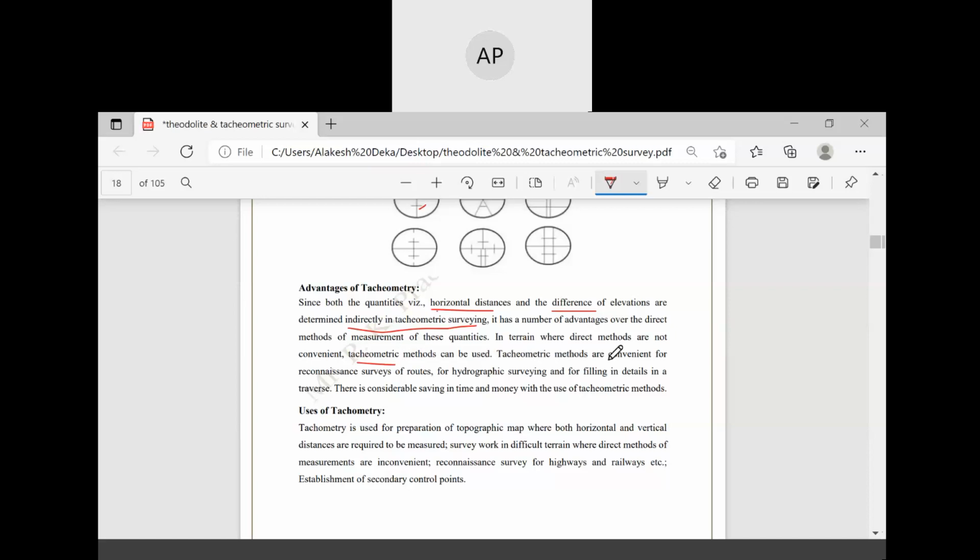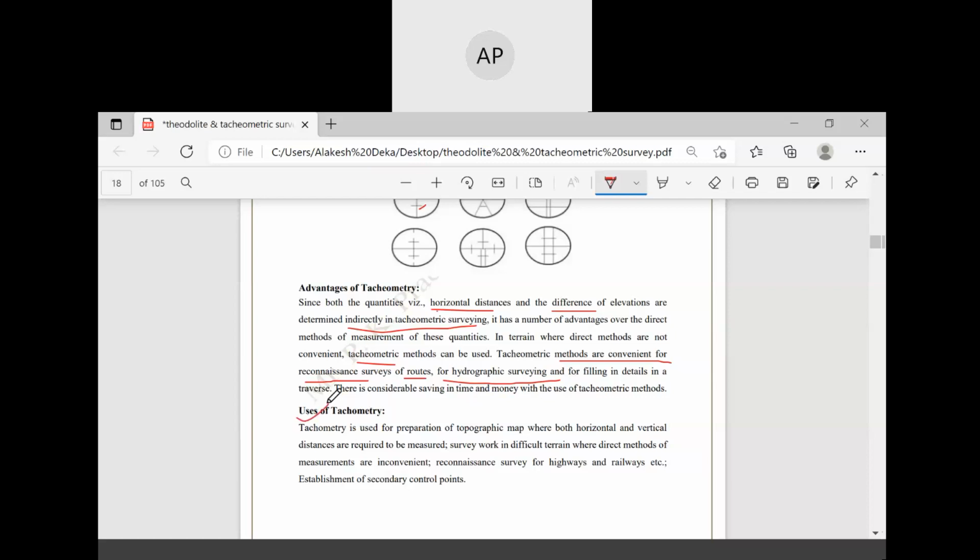Tachometric methods are more convenient for reconnaissance survey of routes, for hydrographic survey, and for filling in details in a traverse. There is considerable saving in time and money with the use of tachometric methods.